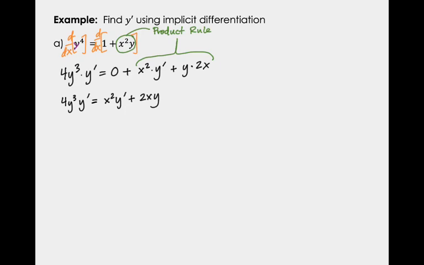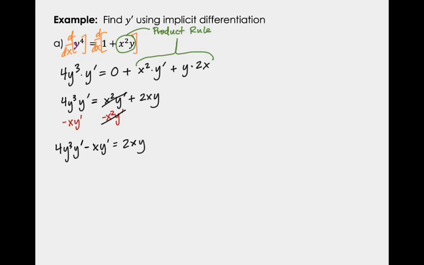And I have two y primes in my equation, one on the left and one on the right. So I'm going to get both of them on one side of the equation. I'm going to subtract x y prime from both sides. All right, so I'll have 4y cubed y prime minus x y prime. And then on the right, I'm going to have just 2xy.